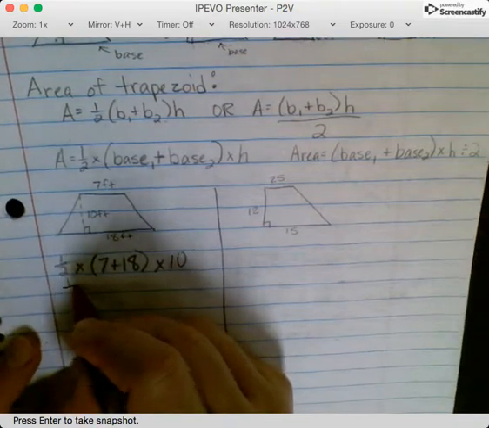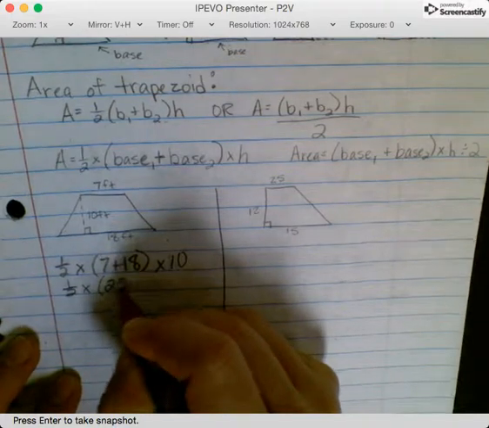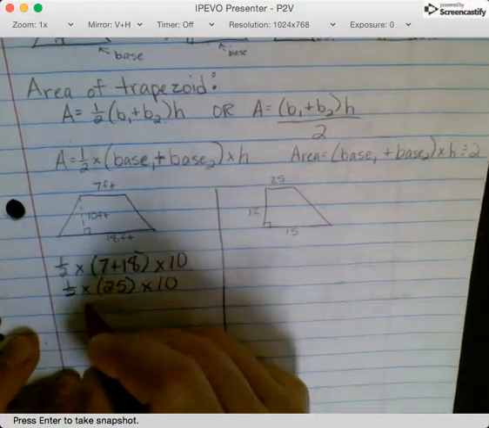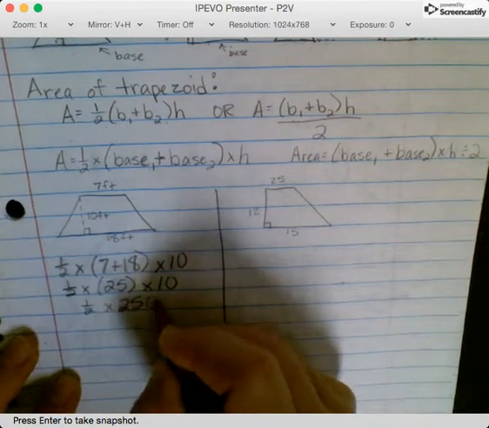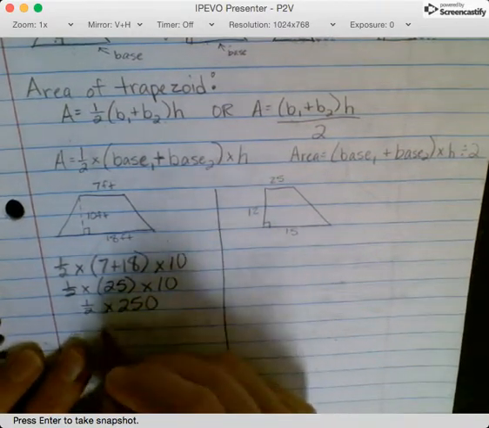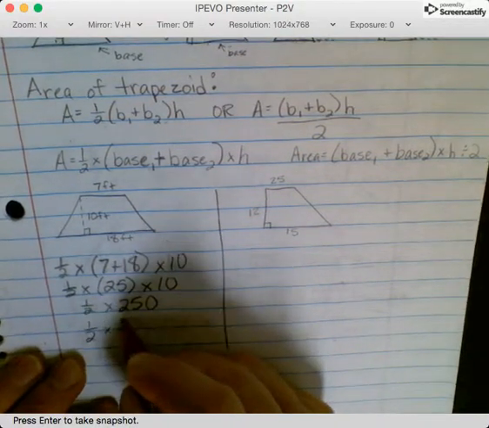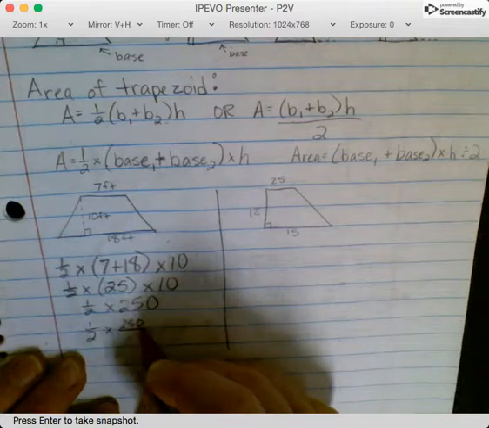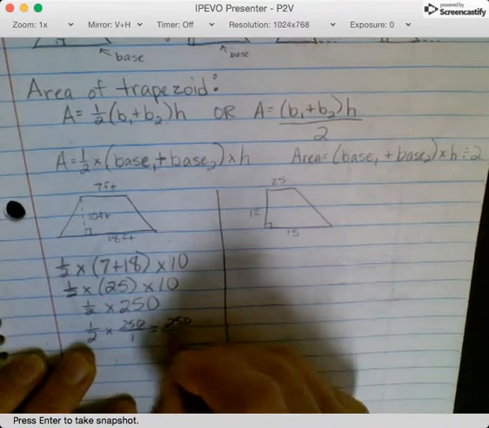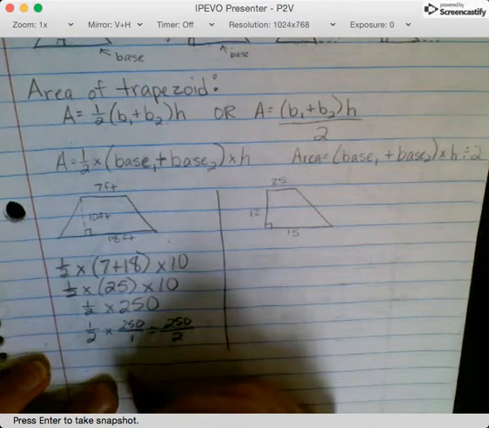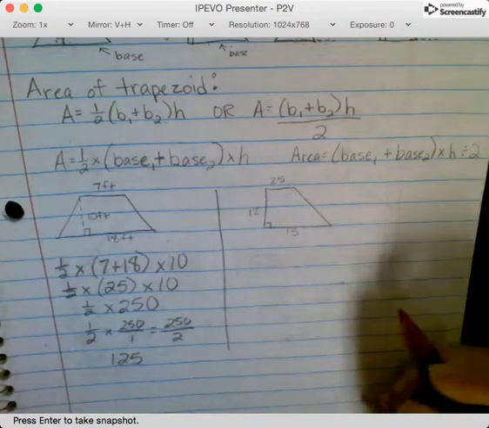So then 1/2 times 25 times 10. 1/2 times 25 times 10 is 250. And 1/2 times 250, if I write it this way, 1/2 times 250 over 1. Remember, we multiply straight across, 250 over 2. And 250 over 2 can be reduced to 125.